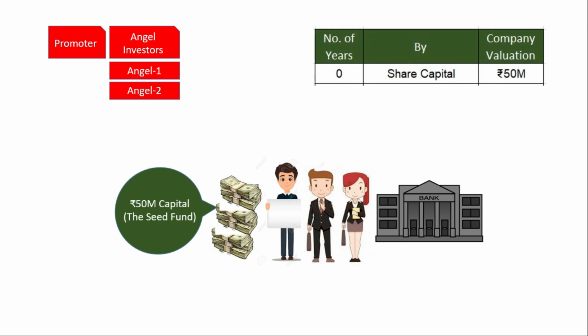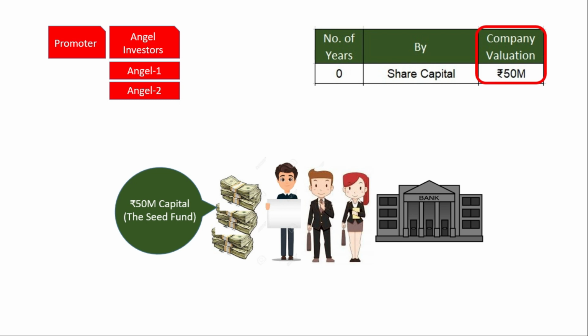The share certificates of the company entitle the three of them to ownership in the company. The only asset that the company has at this stage is cash of 50 million. Hence, the value of the company is also 50 million. This is called the company's valuation.